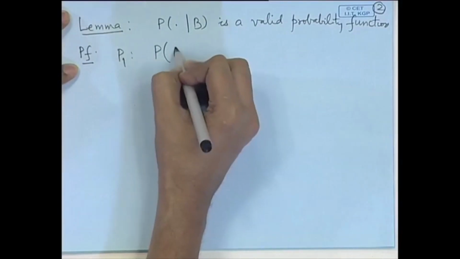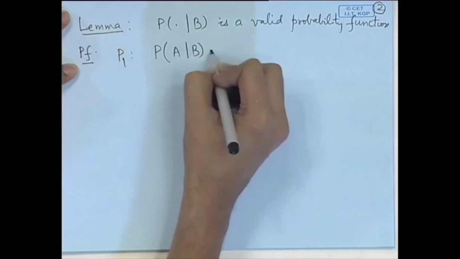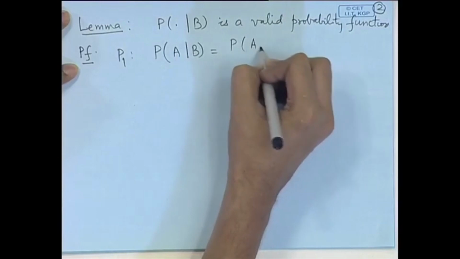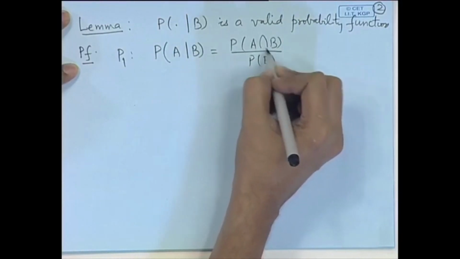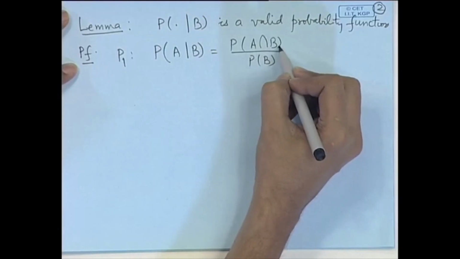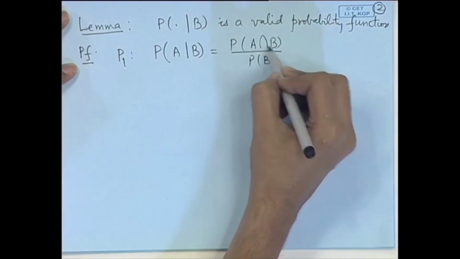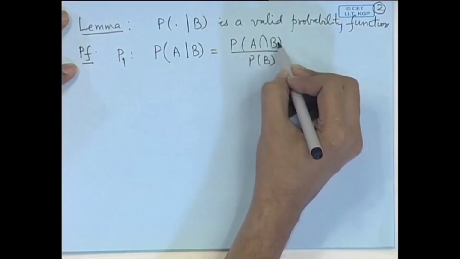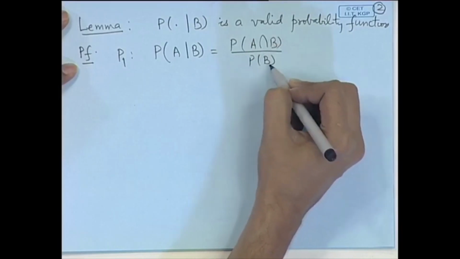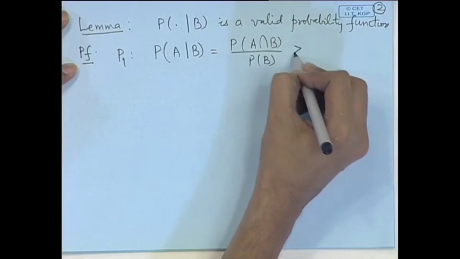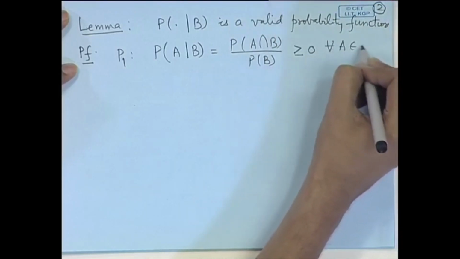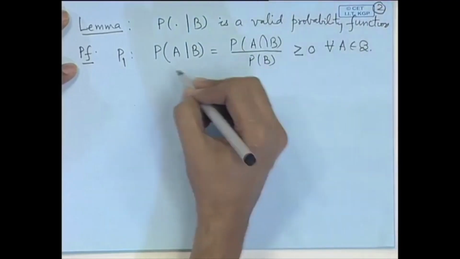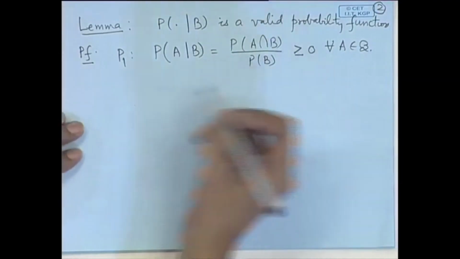P(A given B) is equal to P(A intersection B) divided by P(B). According to the assumptions of probability, P(A intersection B) is always greater than or equal to 0, and P(B) is strictly positive. Therefore, this is always greater than or equal to 0 for all events A. So, the first axiom is satisfied.